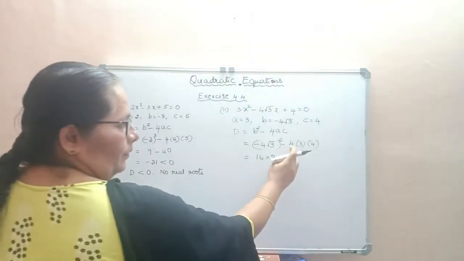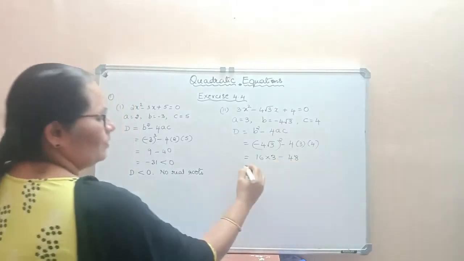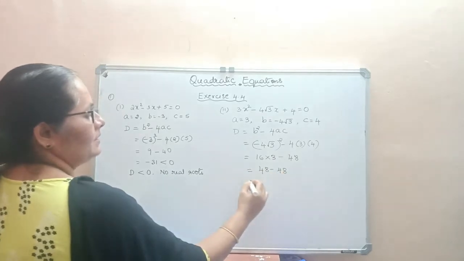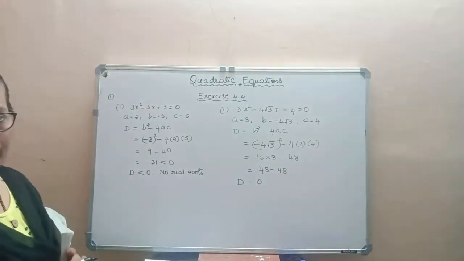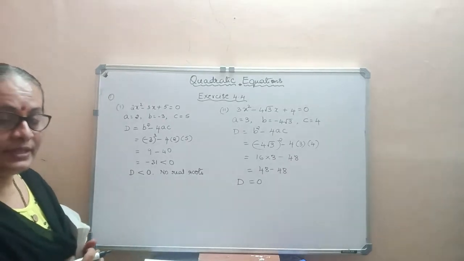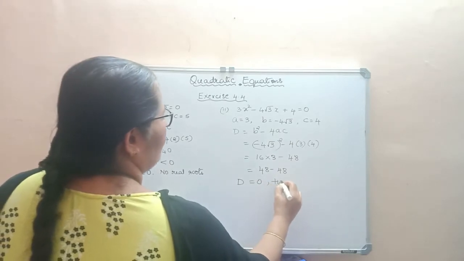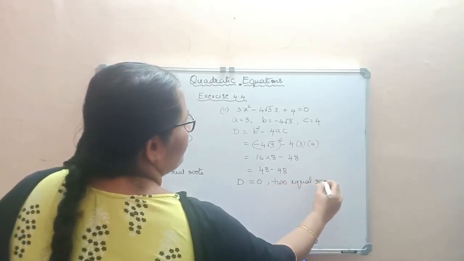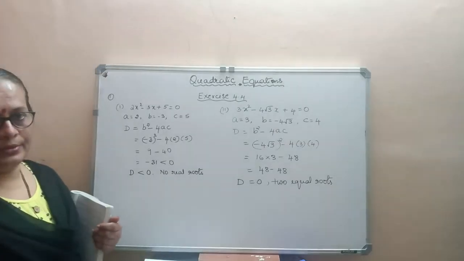Then 4 times 3 is 12, 12 times 4 is 48. So 48 minus 48, that is 0. So discriminant is equal to 0. So the nature of the roots is 2 equal roots.